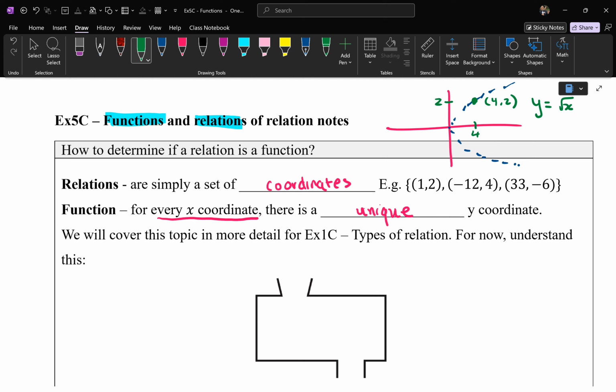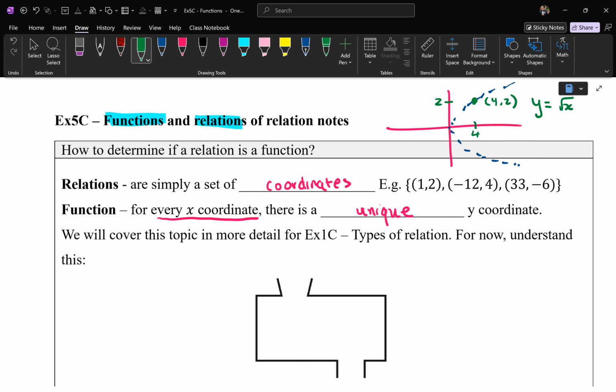That's not a function. As soon as you get 2 answers, that's not a function. That's called a relation. Okay, so that's how we can see it on a definition basis. That is why this is called a square root relation. And that's why when you learnt exercise 4D, I think it was, you only did the top half.